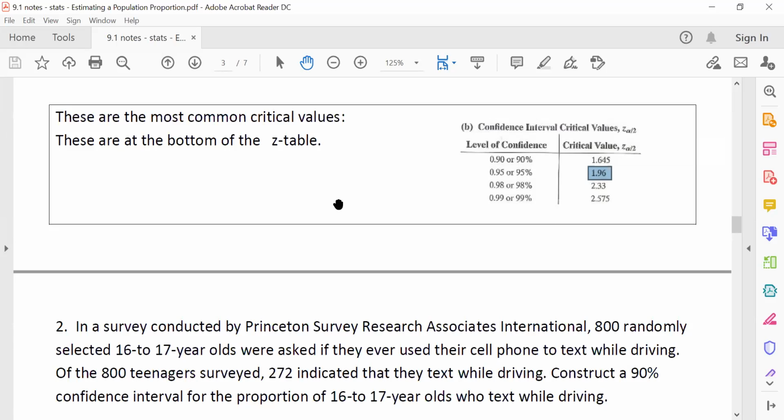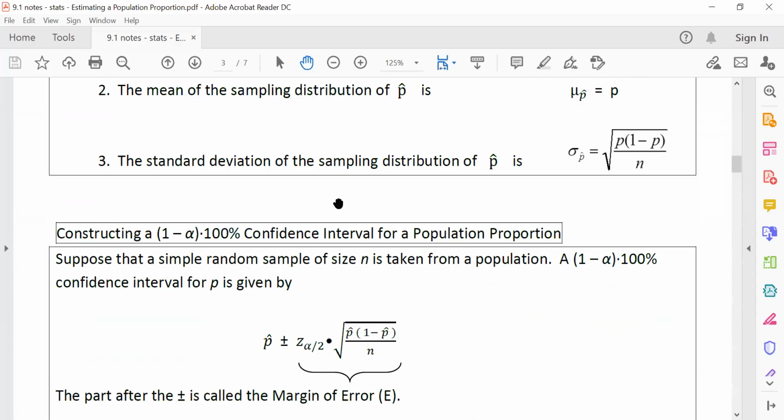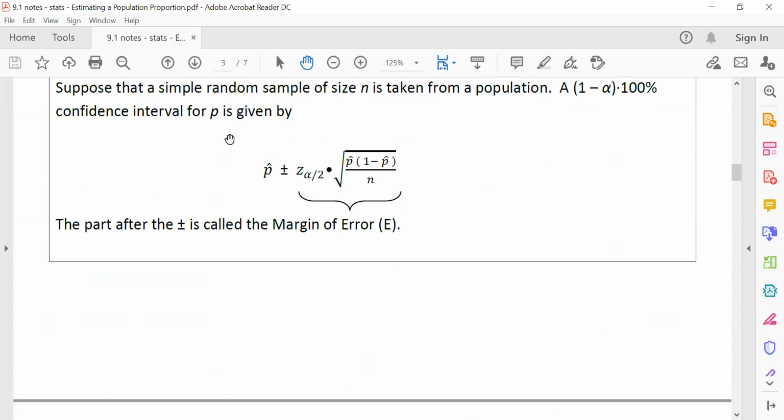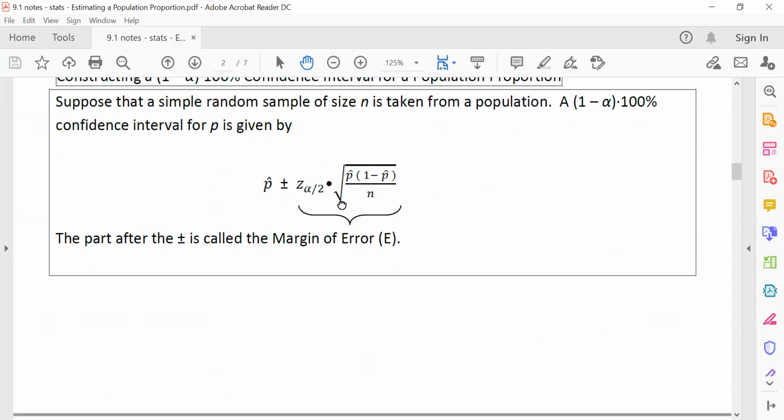In fact, in the next section, we're going to see a different underlying distribution. But if you're doing a 95% Z confidence interval, your critical value, your Z-score, will be 1.96 that you use in the formula. If you're doing a 99% confidence interval, it'll be 2.575.